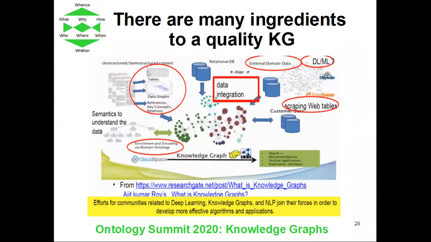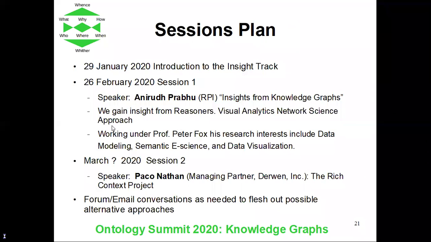Next slide, I'll introduce the 2 sessions that we're proposing. The session plan, of course, we have this introductory track now, and then as Ken noted before, our first session on February 26th will be Anirudh Prabhu from RPI, who presented a very nice slide presentation called Insights from Knowledge Graphs. So he is going to be presenting that, maybe a little adaptation.